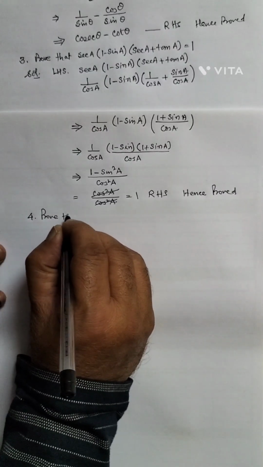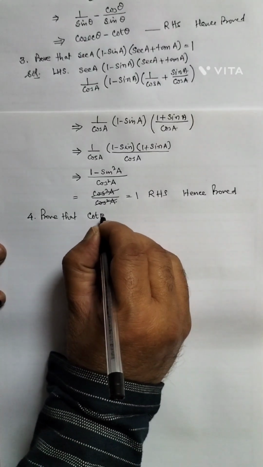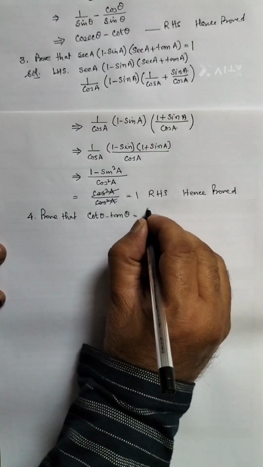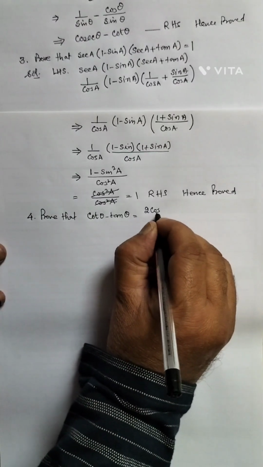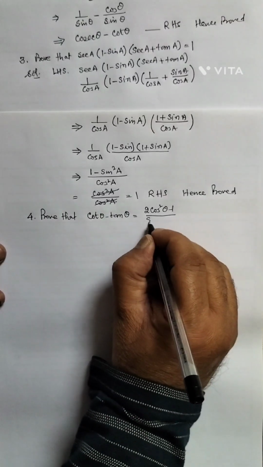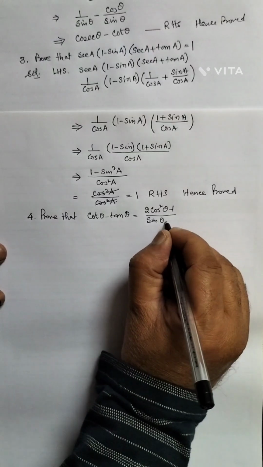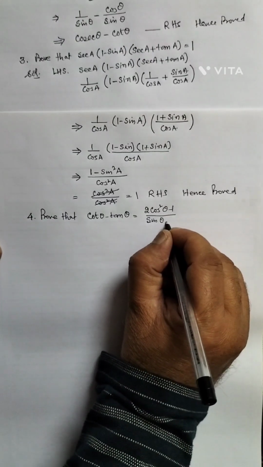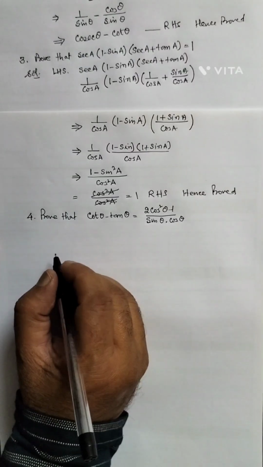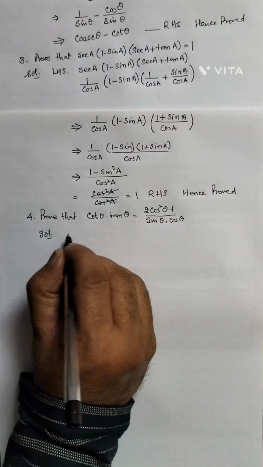Prove that cot theta minus tan theta is equal to 2 cos square theta minus 1 upon sin theta times cos theta. Now once again, we will consider the left hand side.